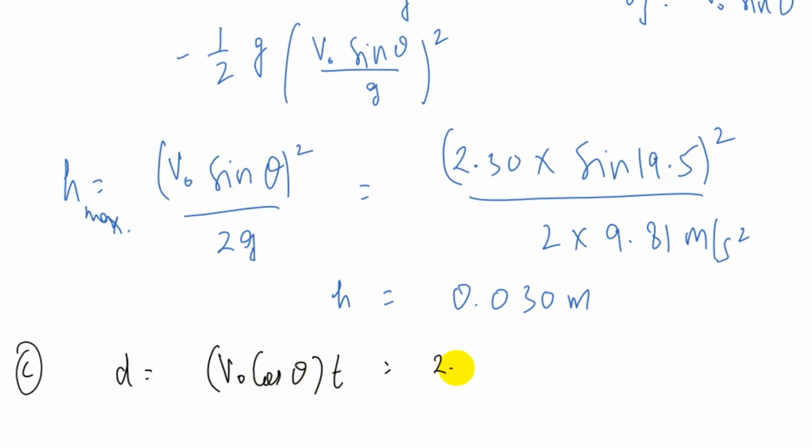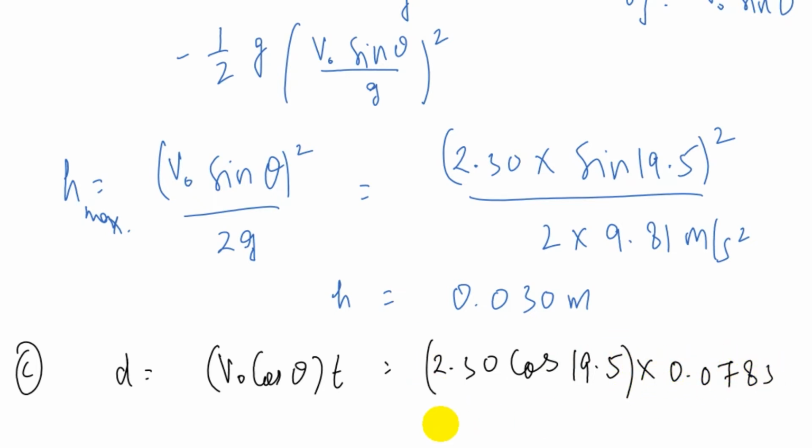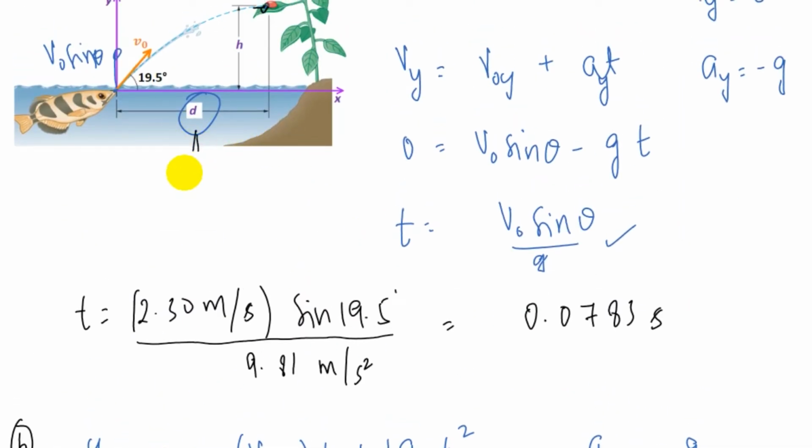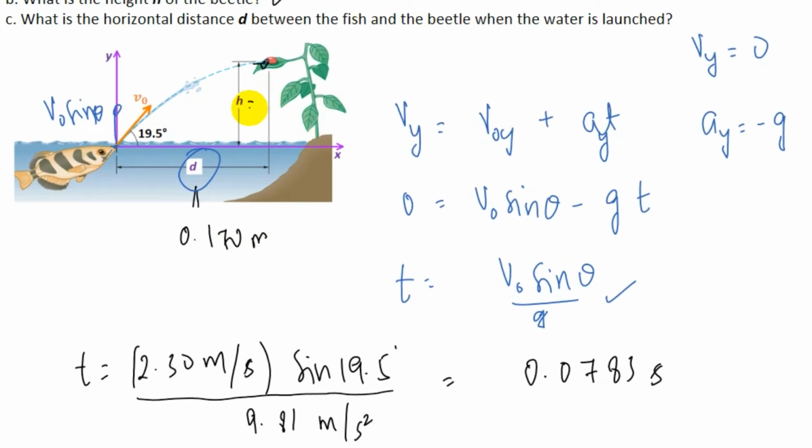This is 2.30, cosine 19.5, and time we already calculated to be 0.0783, and on further solving we'll get this distance to be 0.170 meter. So this distance d is 0.170 meter, and this height h is 0.0300 meter. So this is the answer for the B and the C part.